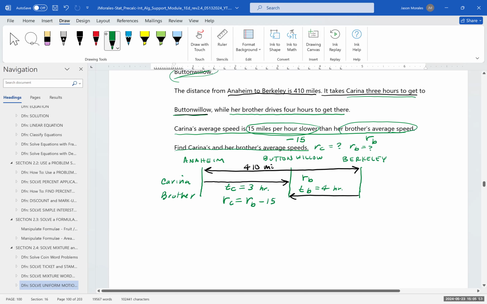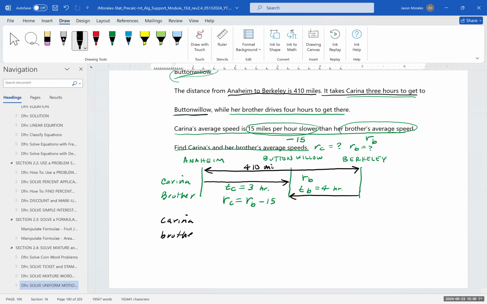Okay. So now let's go ahead and set up our table. So we've got Karina and her brother, and we're going to have rate in miles per hour, and time, which is in hours, and then distance, which is in miles.